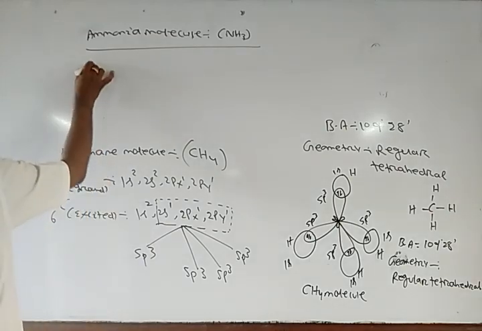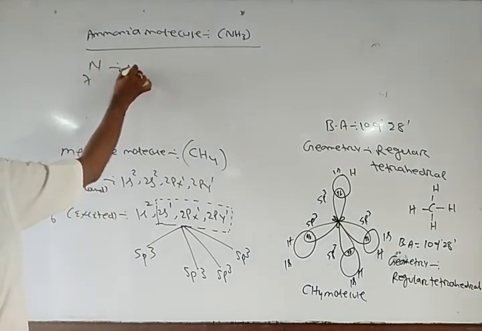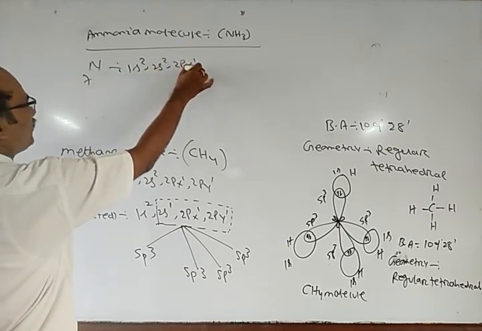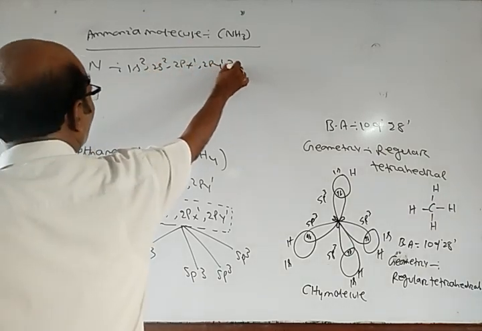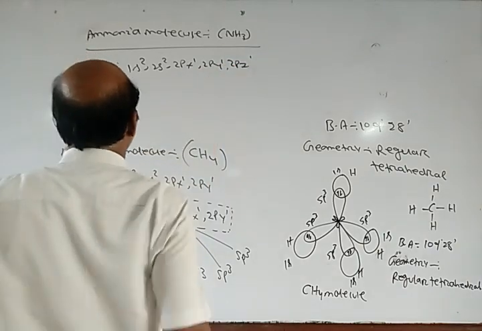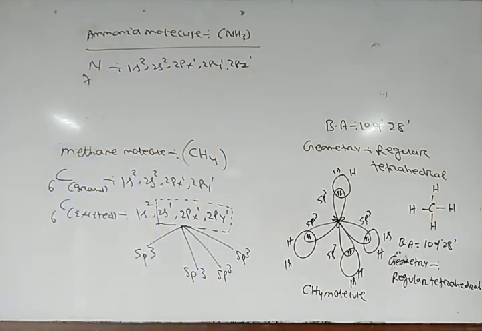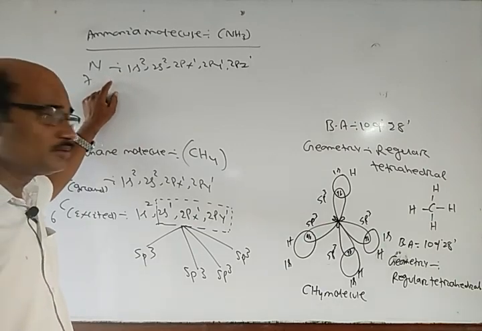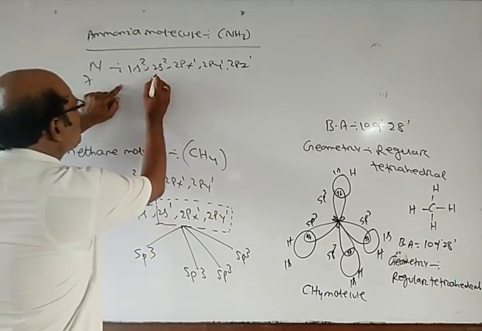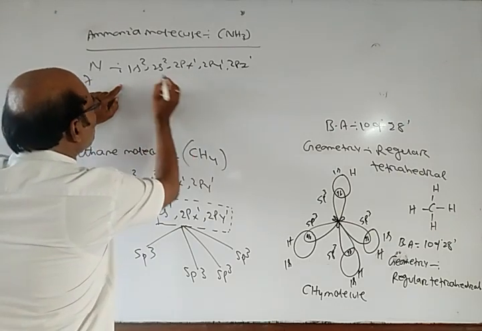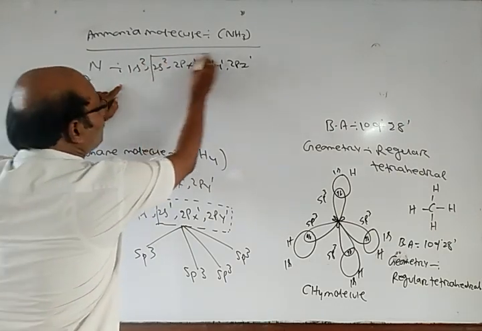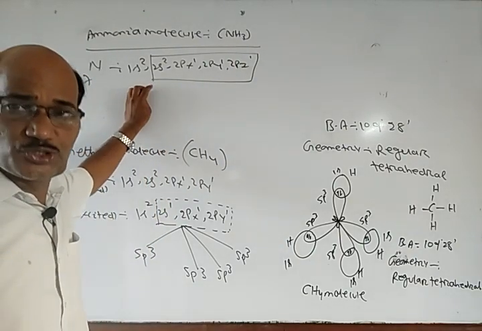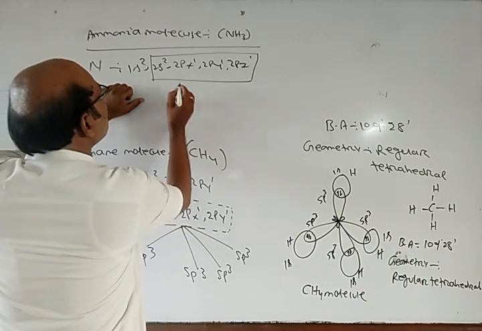You see nitrogen 7: 1s2, 2s2, 2px1, 2py1, 2pz1. So here one s and three p orbitals are hybridized, intermixed with each other to form what?